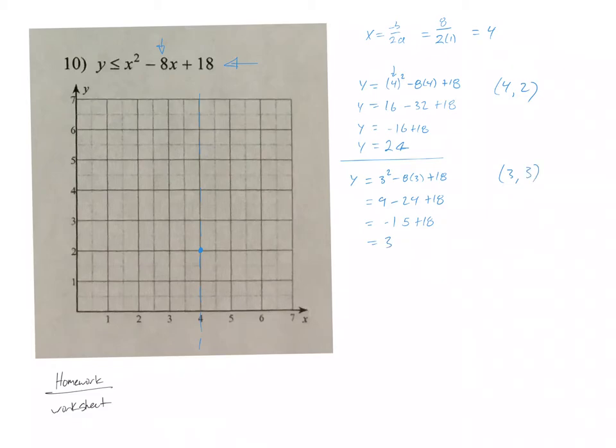So I have the point 3, 3 reflected here. Seems like it's following my pattern here, so I can go left 2 up 4. Again, this time I'm going to do a solid line because it's an or equal to.